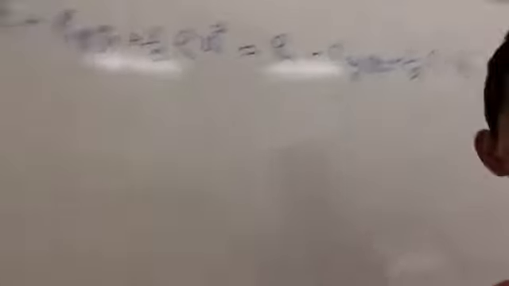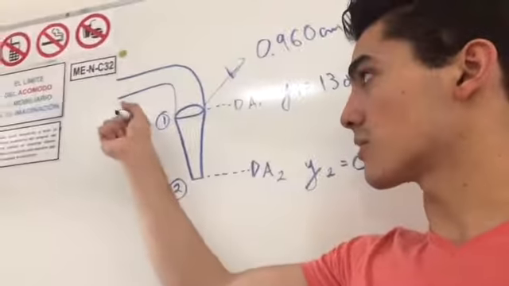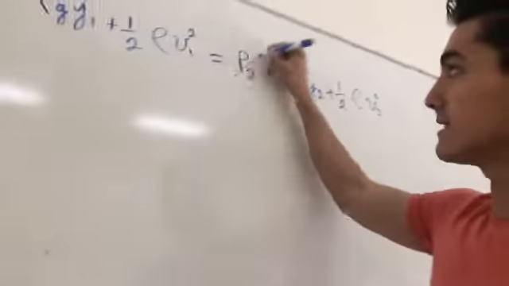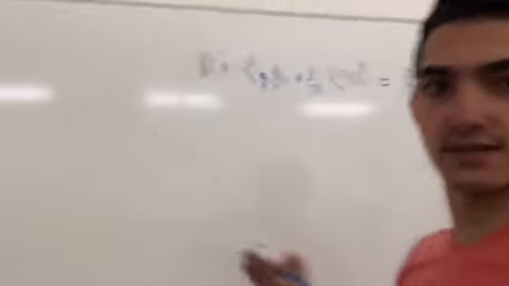Okay? Here we know that in the faucet the pressure would be the same in this part as in this part. So we have one atmosphere as the pressure, and we can delete the pressures because they are the same.